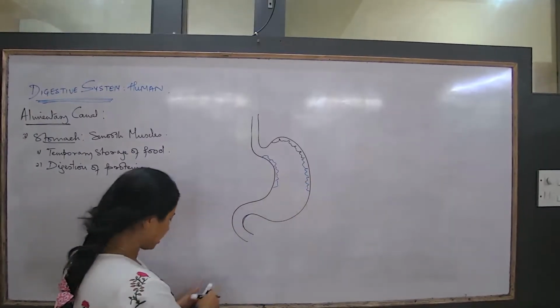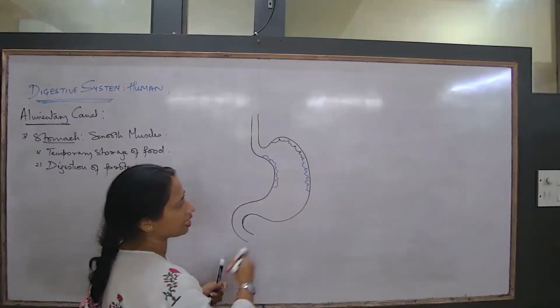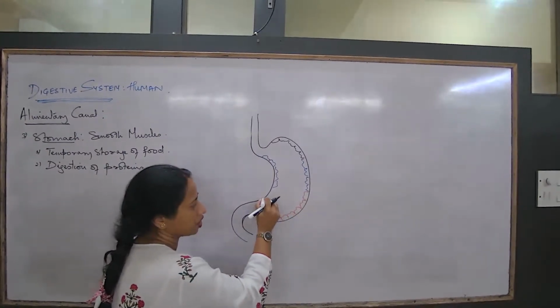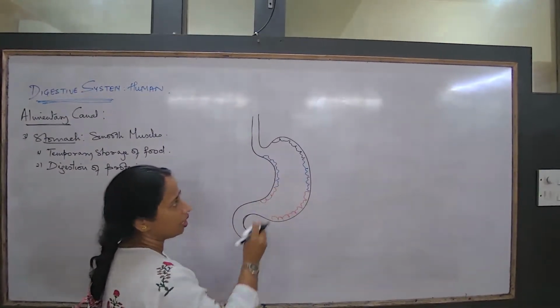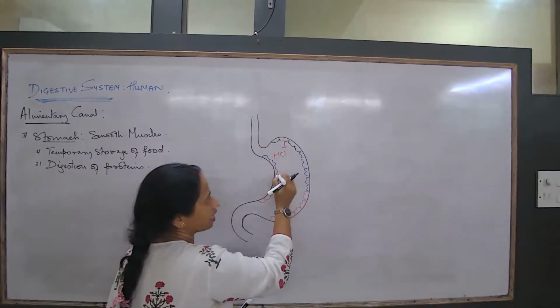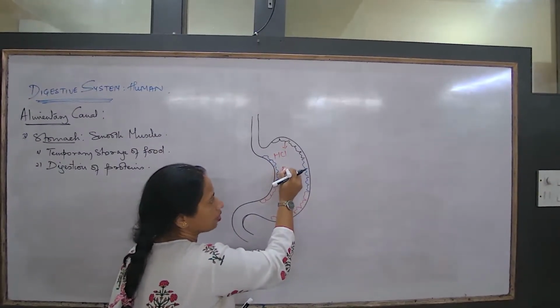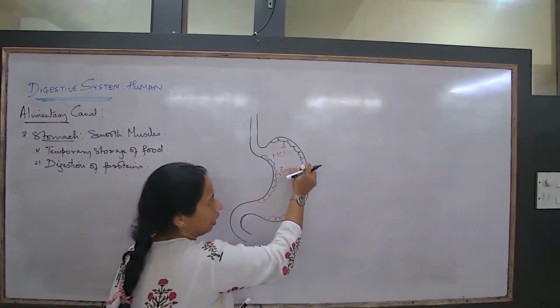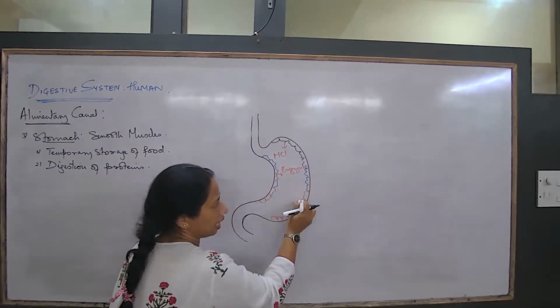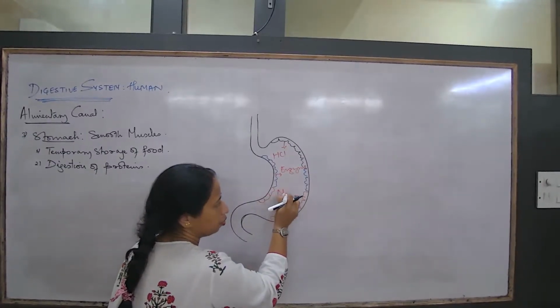These different types of cells produce different types of substances. One, I may talk about the hydrochloric acid. Second, an enzyme. And third, a certain type of slimy substance, that is the mucus.